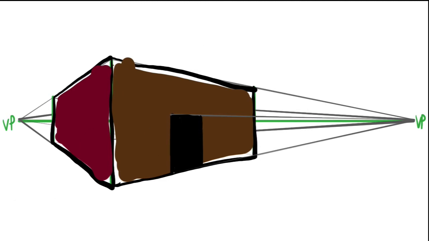And I can give it a doorknob in a nice colour, like this. There's our doorknob. And if we wanted a window on each side of it, we can do that as well. So if I put in, say, a window here, joining the top and bottom of my window to the appropriate vanishing point, there and there.